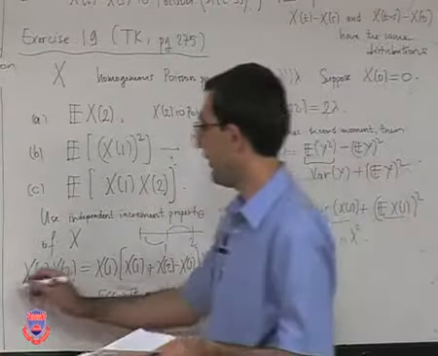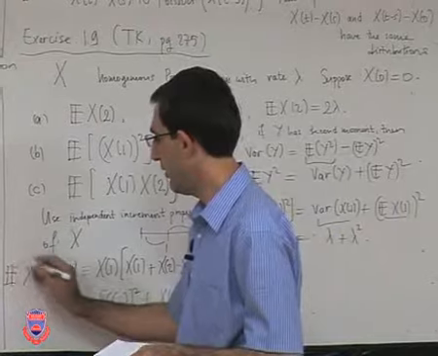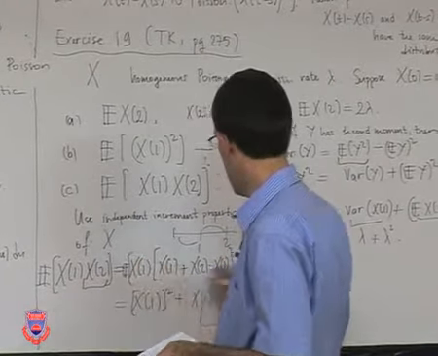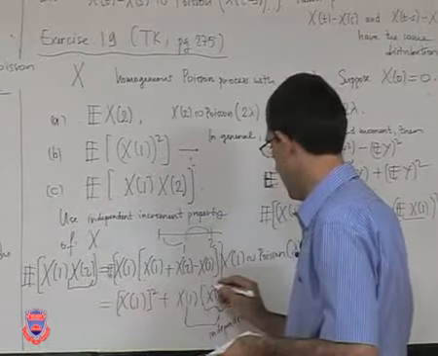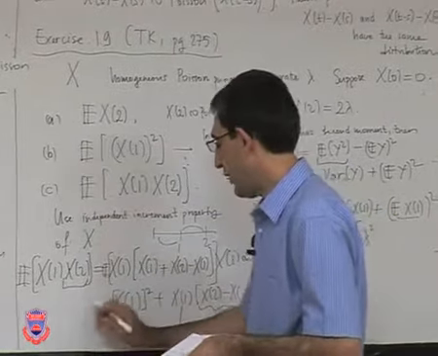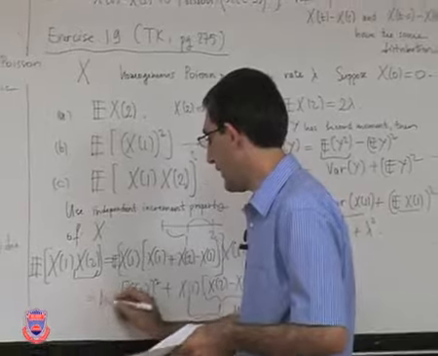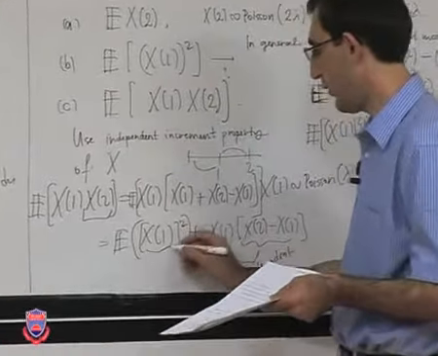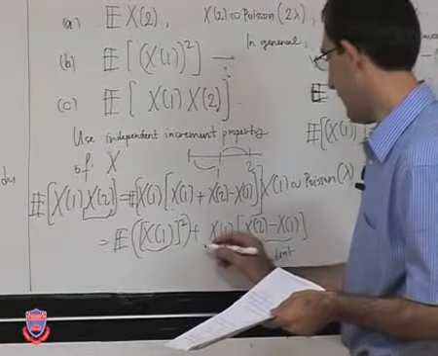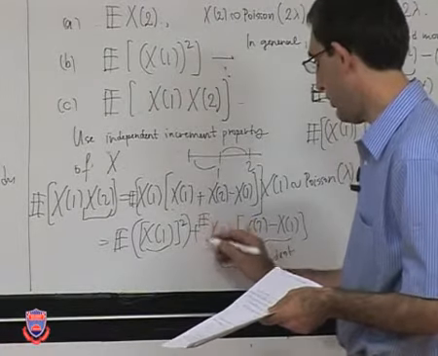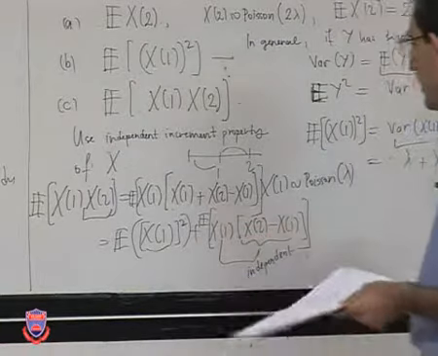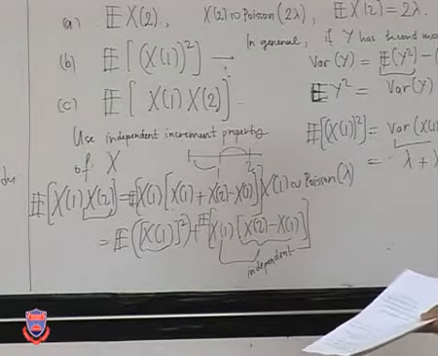So if we take the expected value now, I can calculate at least this one by first calculating the expected value of the square of x1, and then the expected value of this product, right?